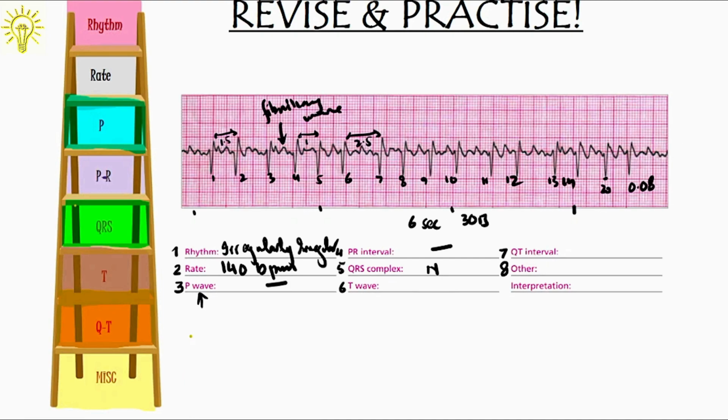This means that the impulse is traveling through the normal pathway. The T wave I cannot discern, so I cannot comment here. The QT interval, of course, cannot be assessed as the T wave is not discernible. So the final interpretation from this ECG, irregularly irregular with fibrillatory waves, is AF or atrial fibrillation.